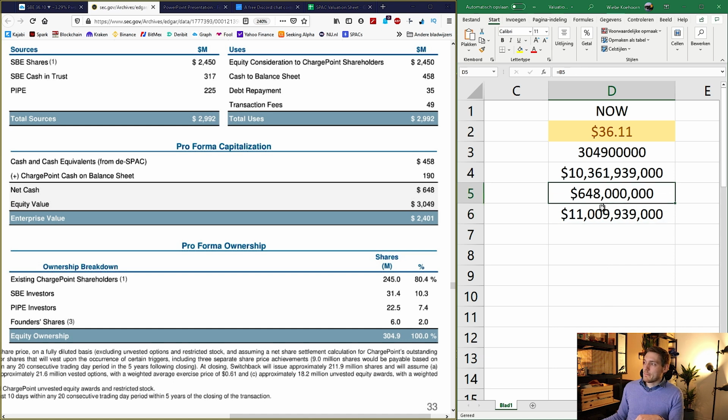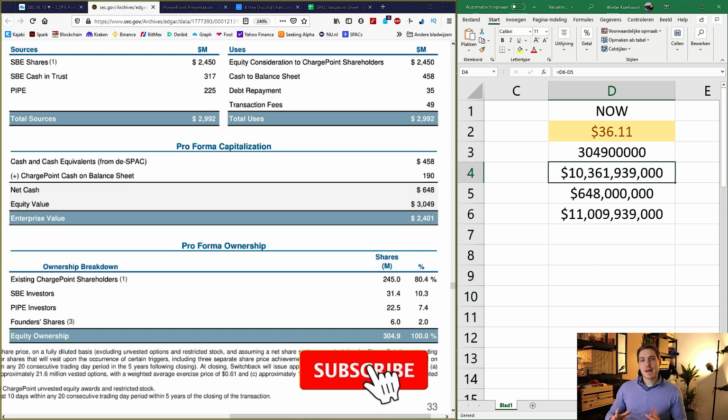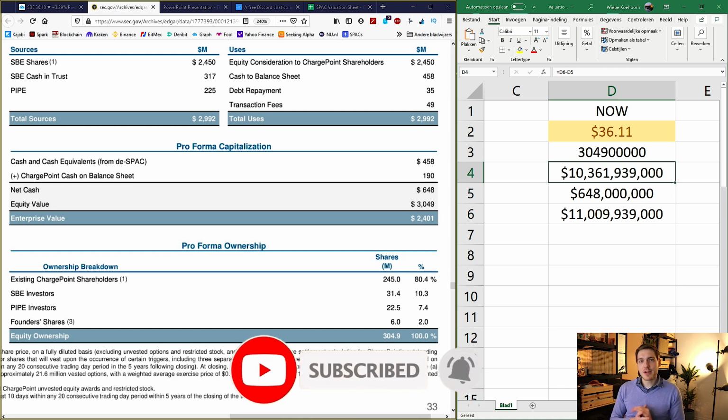So 11 billion minus 648 million is going to give you a pro forma enterprise value of $10.361 billion. So in conclusion, ChargePoint, based on a share price of $36.11, is worth right now, pro forma, after the merger, $10.361 billion.